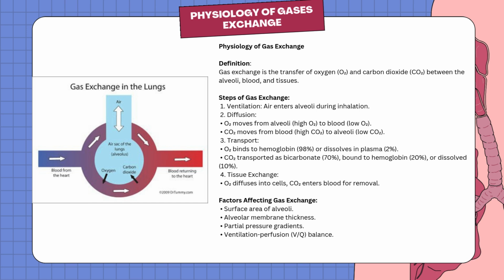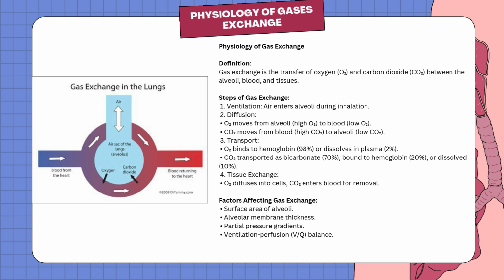The air enters alveoli during inhalation. The second one will be diffusion. The oxygen moves from alveoli, with high oxygen, to blood with low oxygen. The carbon dioxide will move from blood, with high CO2, to alveoli with low CO2.